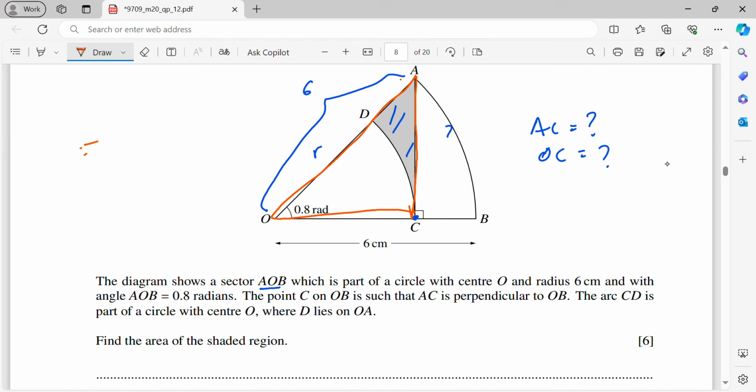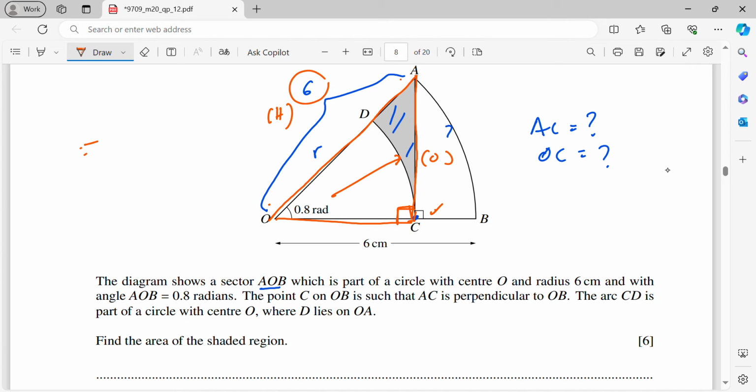Now, we know that AO is 6. To get the height, which is AC, I can say that this is a right angle triangle because the right angle is given. This is 90 degrees. So now AC is the opposite side and AO is the hypotenuse. Opposite and hypotenuse, that is sine.